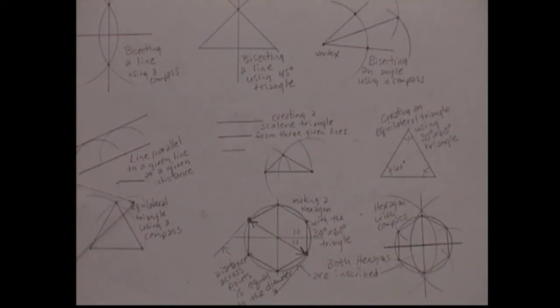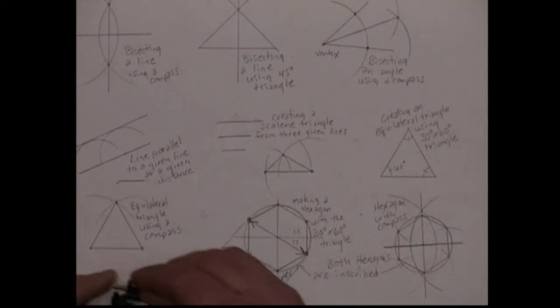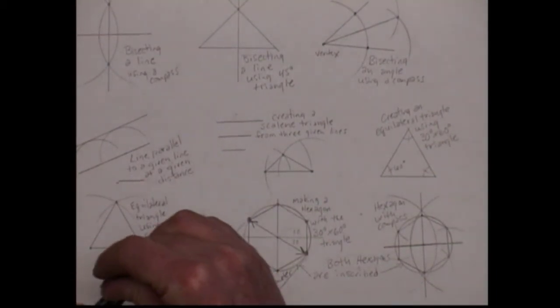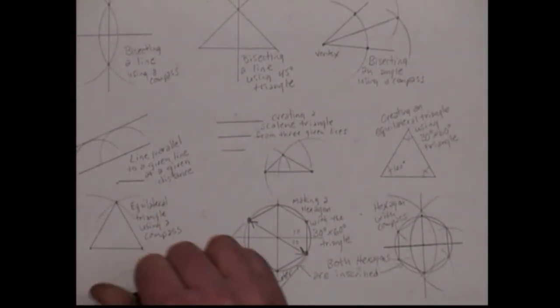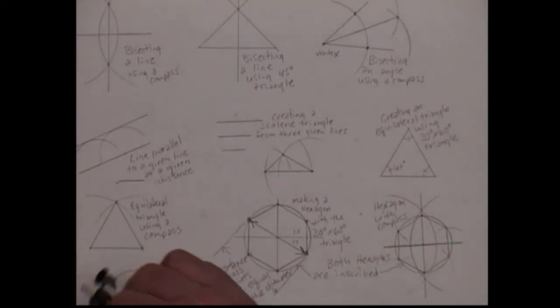We need to make it inscribed. We could use this same circle, or I could even draw another circle, and you guys don't have to do this, but I'm going to show you what I mean.